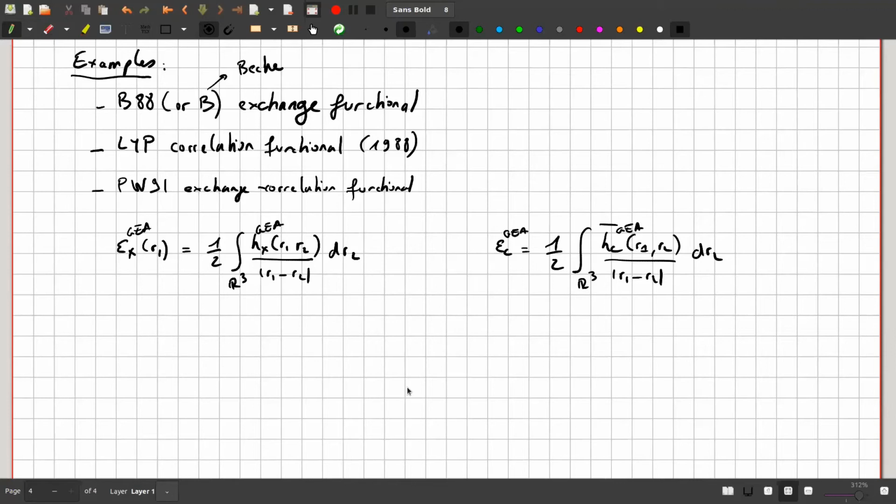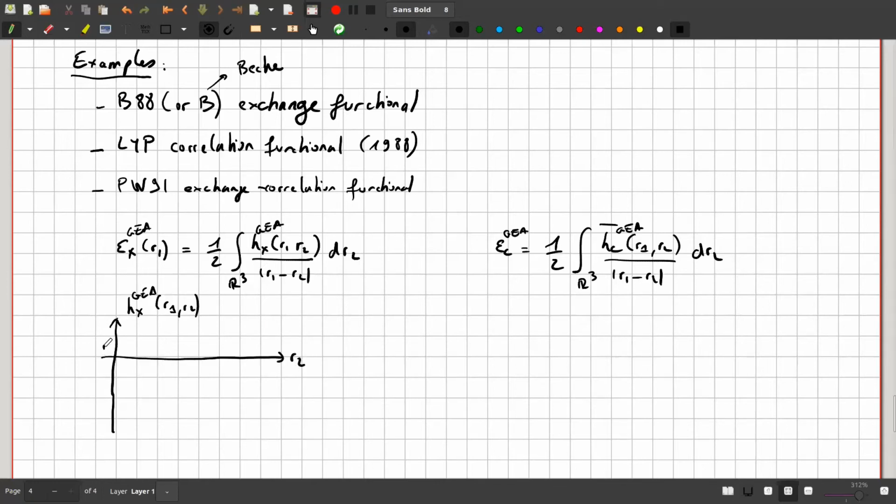Okay, and you can understand what is the problem with the gradient expansion approximation in terms of holes: the holes that you obtain at this level of approximation do not fulfill the sum rule that I gave you and the negativity condition for the exchange part. So that is, if you plot now the exchange GEA hole in terms of r2.